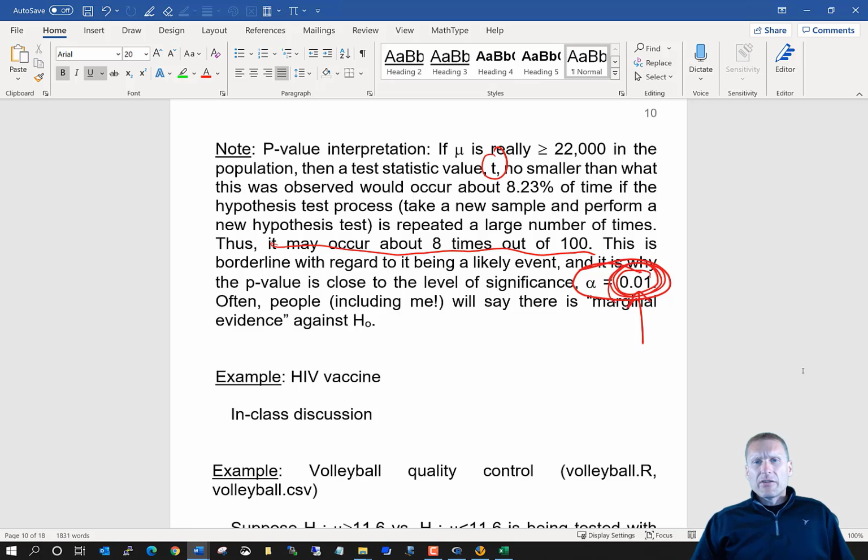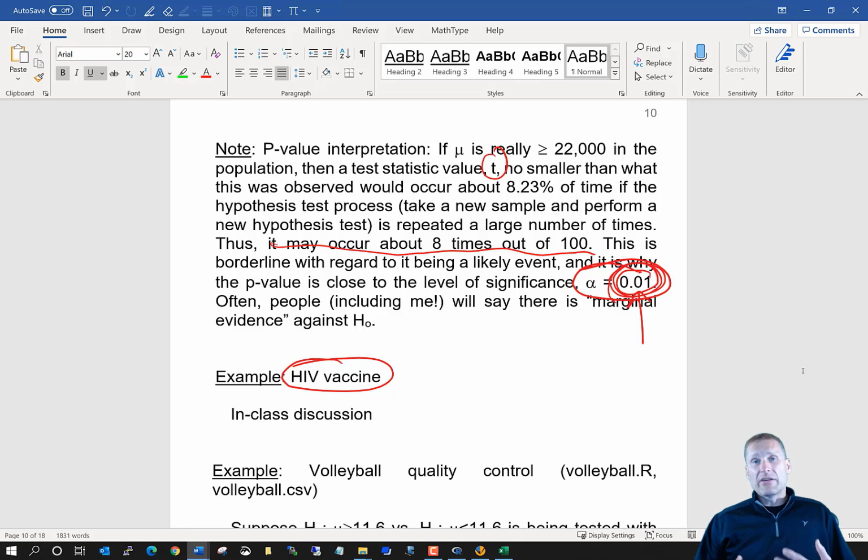To give you an example of how to interpret p-values properly, and how some people have had problems with them and how they can be misinterpreted, I'm going to talk about an example dealing with HIV vaccines. A few years ago, there was a clinical trial investigating whether a newly developed vaccine for HIV actually worked.